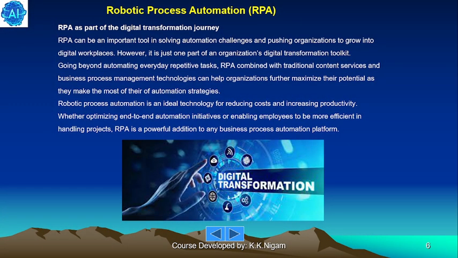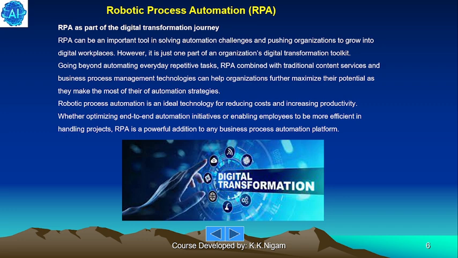RPA is part of the digital transformation journey. RPA can be an important tool in solving automation challenges and pushing organizations to grow into digital workplaces. However, it is just one part of an organization's digital transformation toolkit. Going beyond automating everyday repetitive tasks, RPA combined with traditional content services and business process management technologies can help organizations further maximize their potential and make the most of their automation strategies.